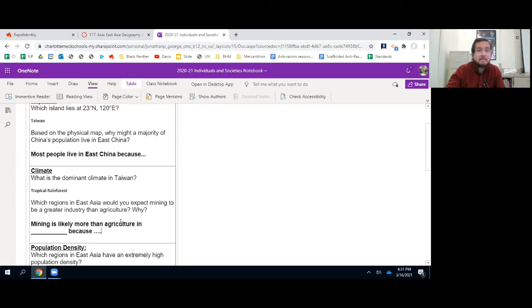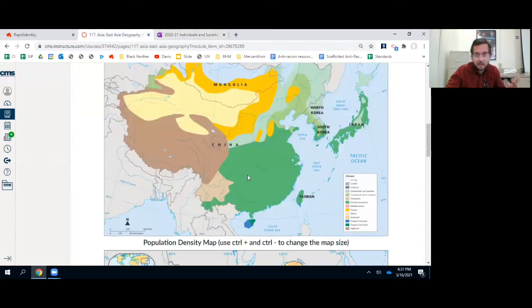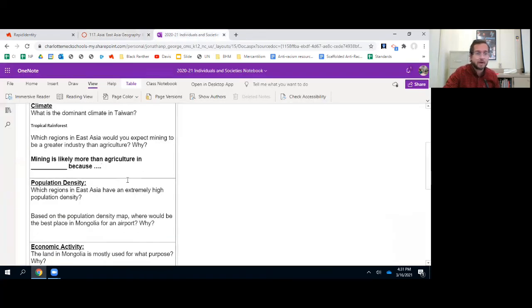So where in this map, just based on this, do you think mining would be more likely or more common? Again, I'm not going to say there's a right or wrong answer here. I want to see that reasoning and why you chose the region that you did based on just this climate map. Okay. All right. You're going to have to do the rest on your own throughout the day.